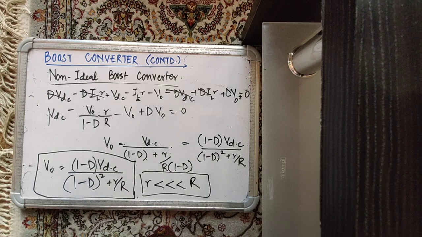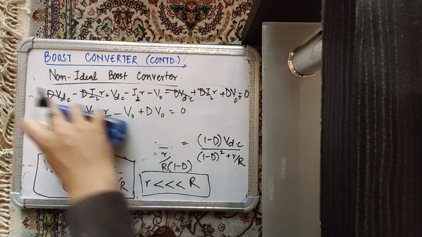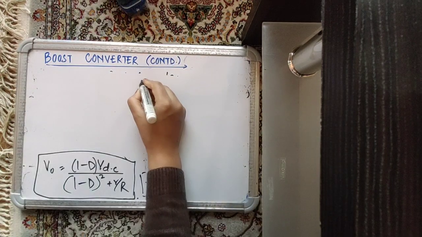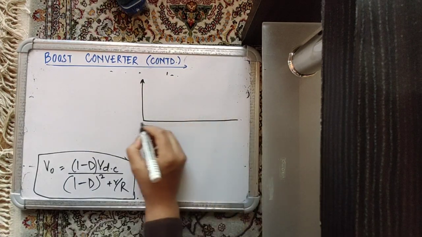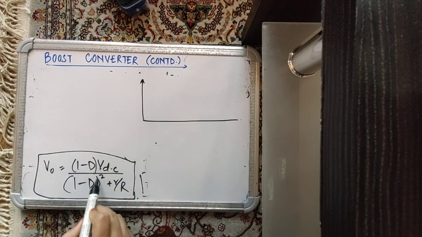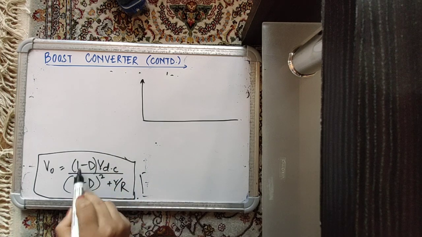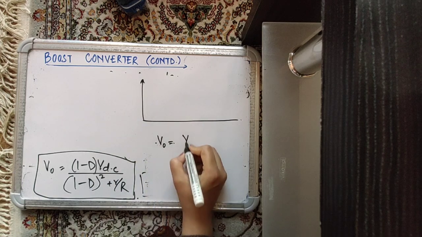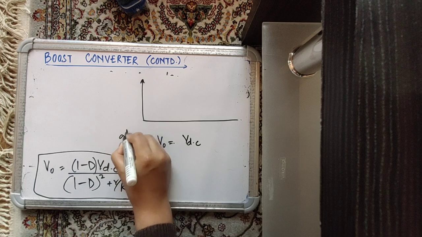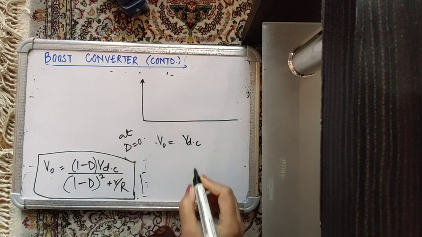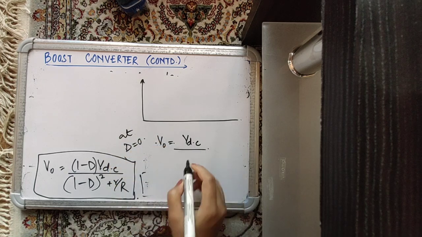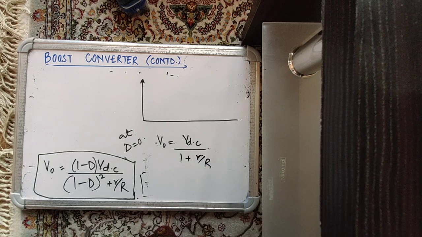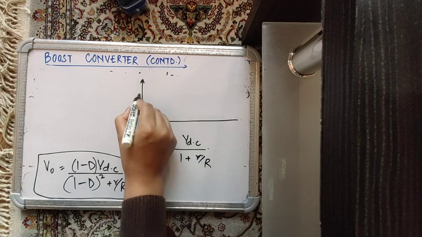And if you plot it, let me plot the curve for V naught. At duty ratio equal to 0, this term will be 1 and this will be 0. V naught will be equal to VDC upon (1 plus r upon R) at D equal to 0.